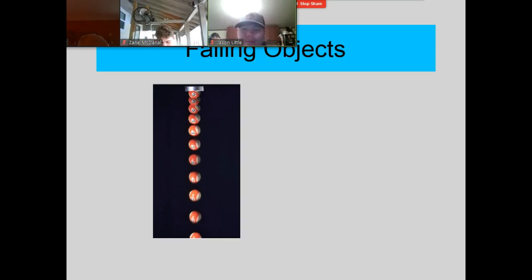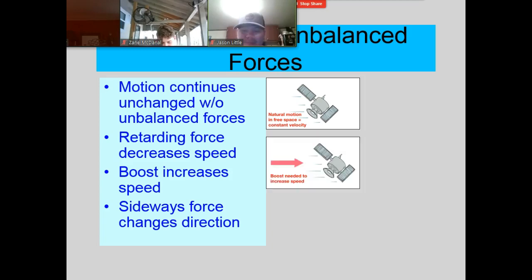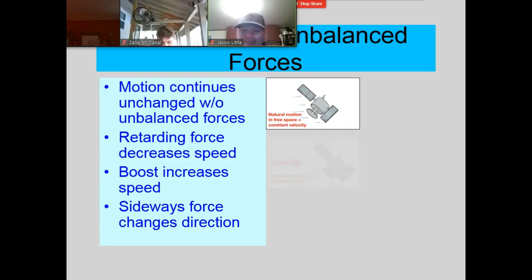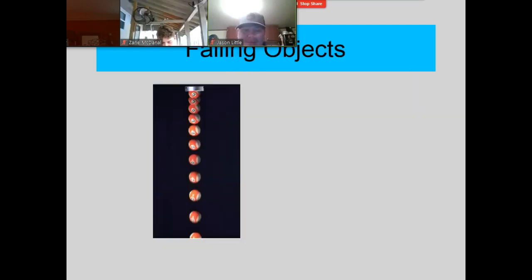But we're moving on to 2.4, which is on page 35 or 2-11 in your text. Here we're talking again about straight line motion, but this time it's vertical, not horizontal. Earlier we were talking about horizontal motion. Here we're talking about vertical motion, falling objects.